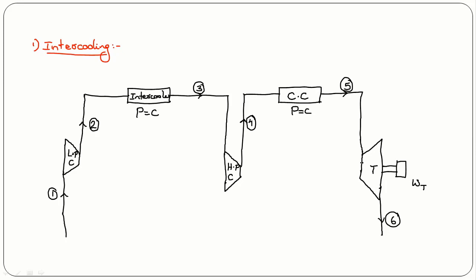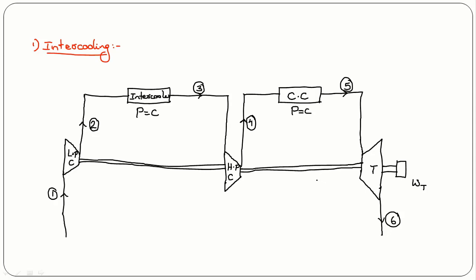This turbine has to supply a certain amount of work input to both the compressors. Therefore the net work output will be the work developed by the turbine minus the work input to both the compressors.